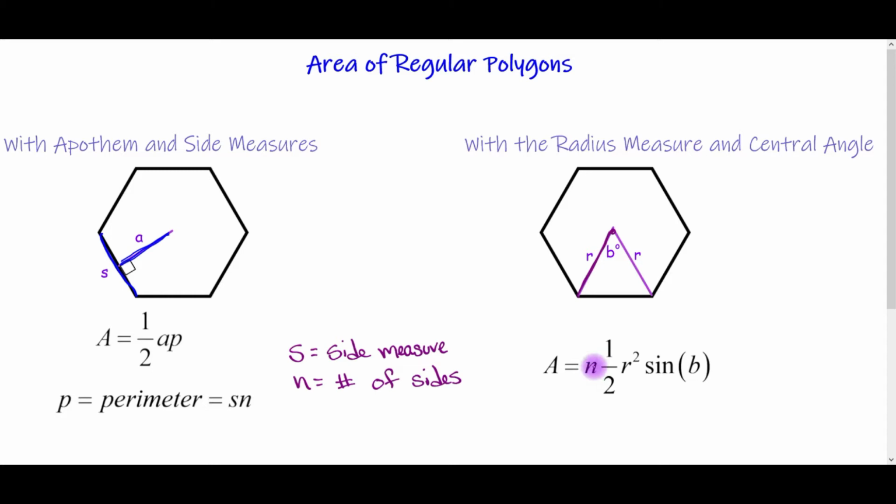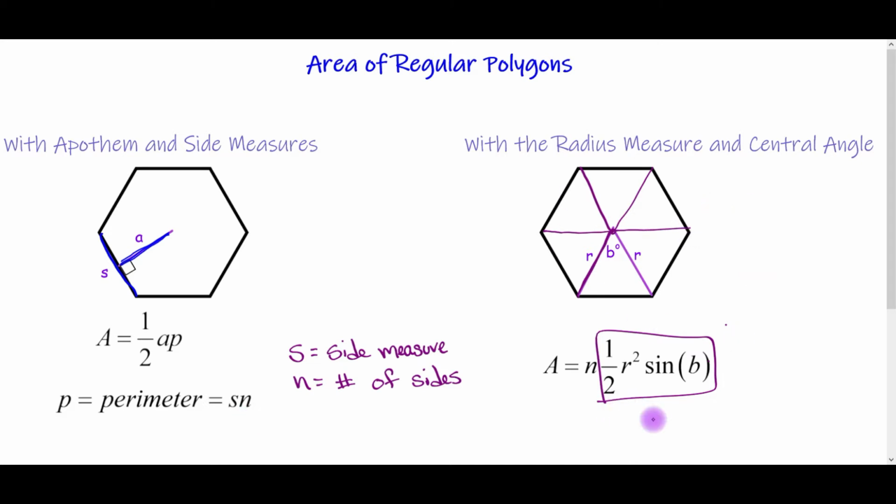So this part is just using the formula for the area of a triangle in a side-angle-side situation: 1/2 times the side measures multiplied together times the sine of the central angle. Then I multiply that by the number of triangles we can make, which is the same as the number of sides.